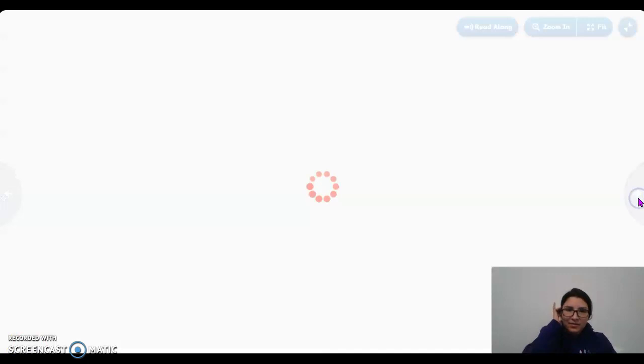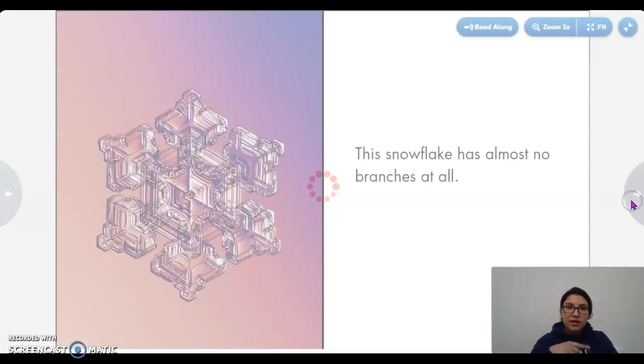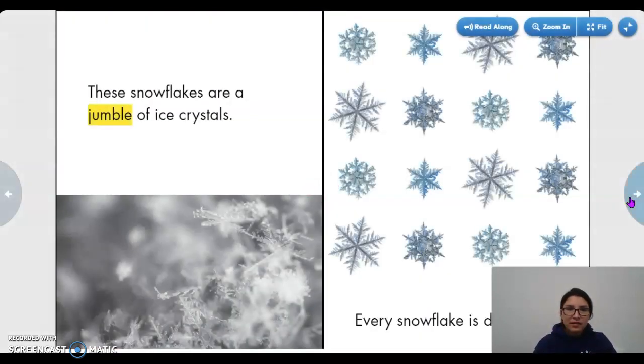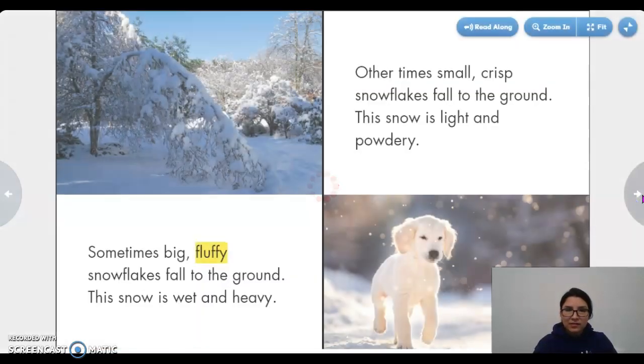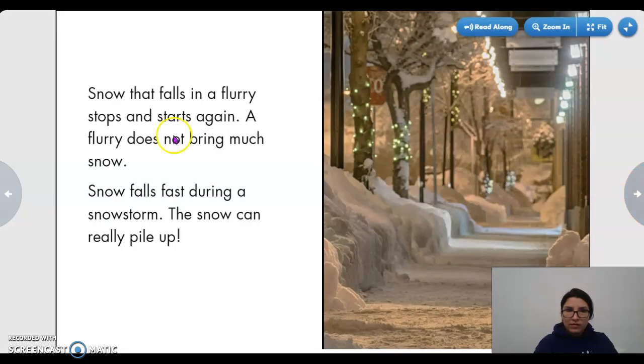Okay, let's look at the next picture. Snowflake, so we're noticing a lot of words that either say snow or snowflake. And we're seeing snowflake or snow, so that keeps repeating. Snowflakes, snow.